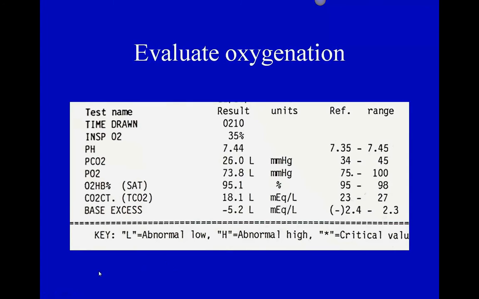So let's evaluate oxygenation for this patient. We're going to look at how much oxygen they're on, and this is as a percent. So they're on 35% oxygen, remembering that normal room air has 21%, so they're on a little bit of supplemental oxygen. They have a pressure of oxygen, is what I'm going to look at next, of 73.8 torr or millimeters of mercury.